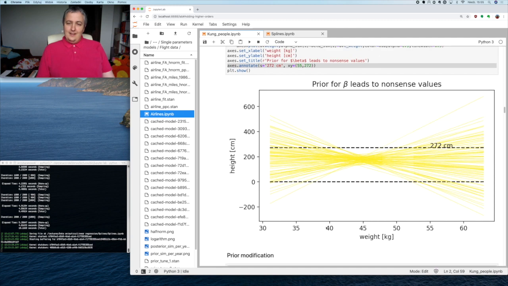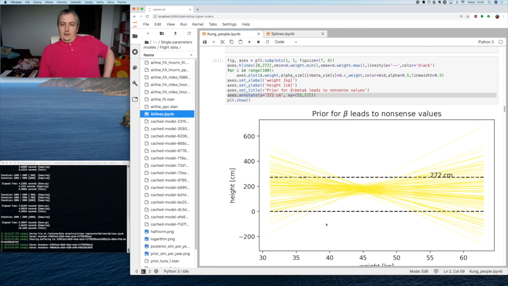And here we've drawn, I think, 100 lines from our distribution. So we've sampled alpha and beta, created the lines of alpha plus beta times centered weight, and see how the predictions of our model would look.